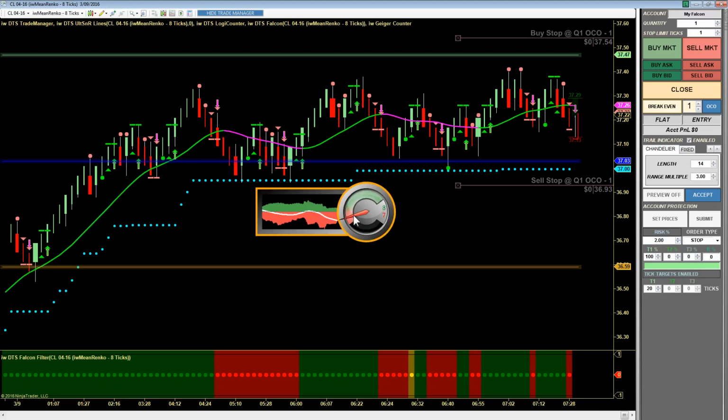Our needle red, though, the short-term bias, looking a little bit bearish. I'm wondering whether the bulls are just letting the sellers load up and then they're going to whip them out of their trade. We'll see here in a second.